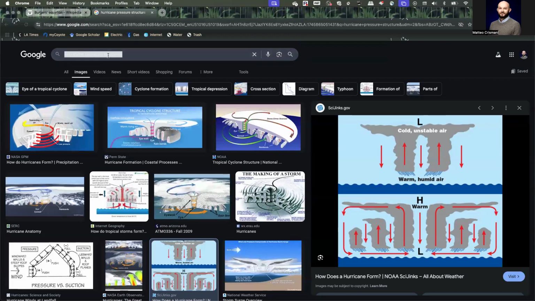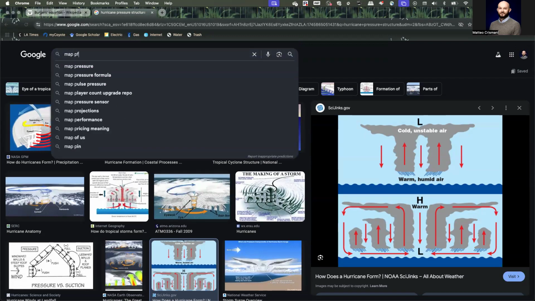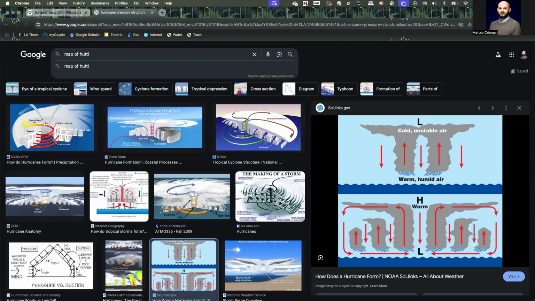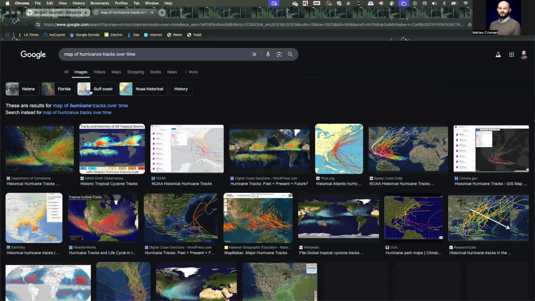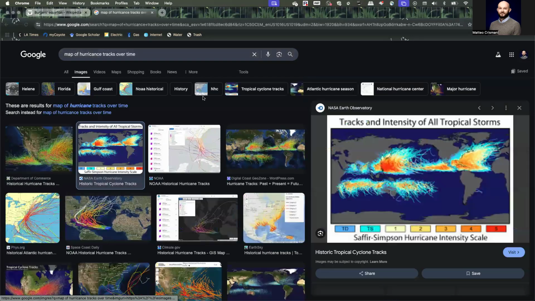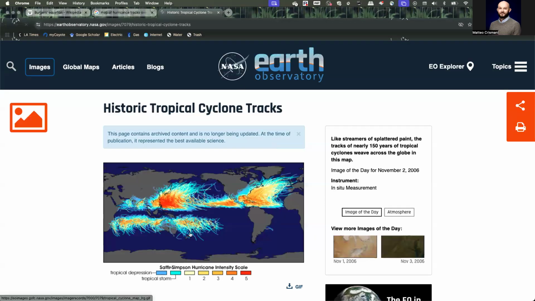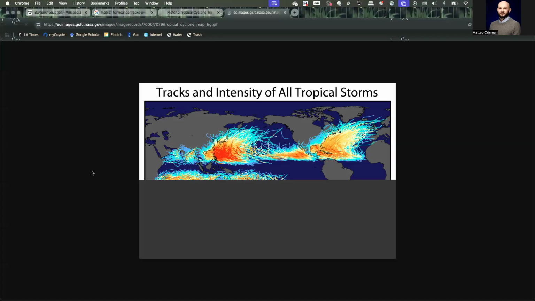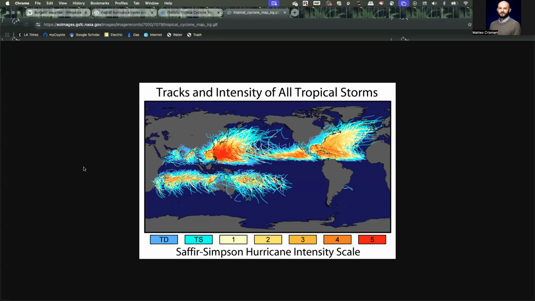Map. This is from NOAA, or no, Earth. Okay, so this is the Earth intensity rotation tracker. It's been around since like the 70s.